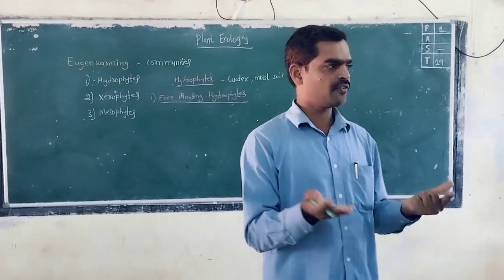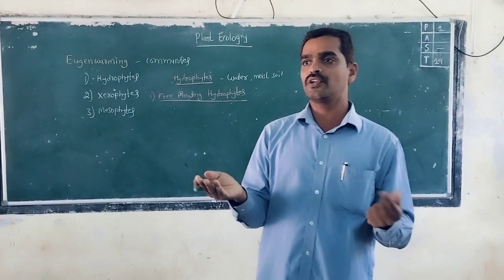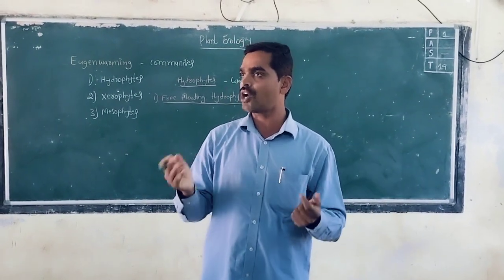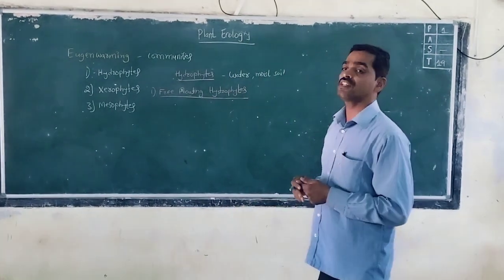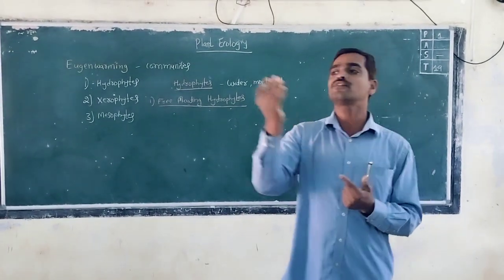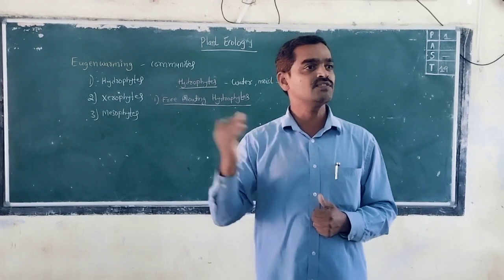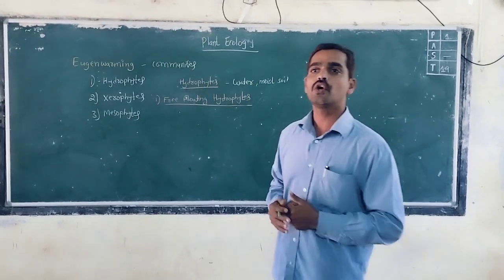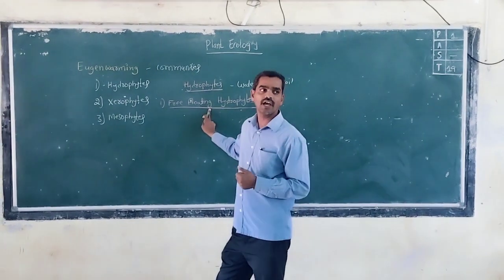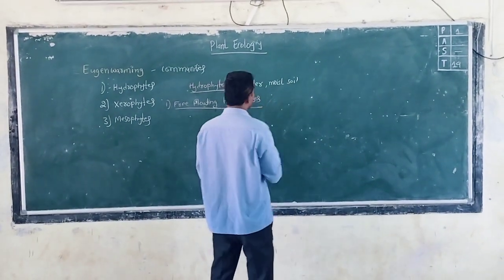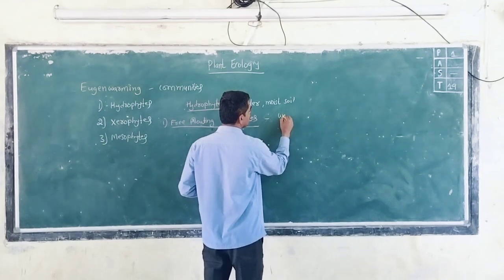These hydrophytes are generally grown in water or wet areas. These plants freely float on the water surface, so this type of plant is called free floating hydrophytes.